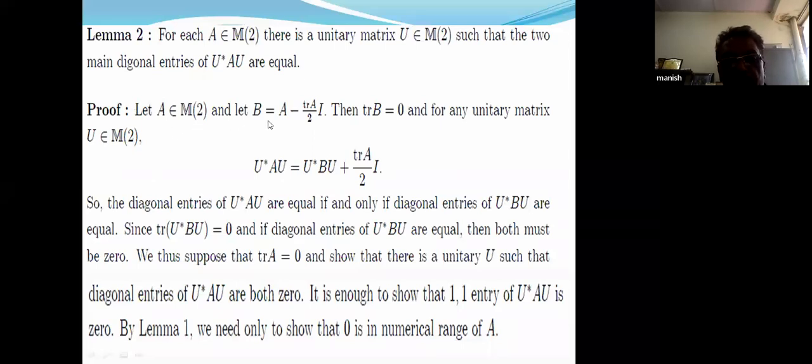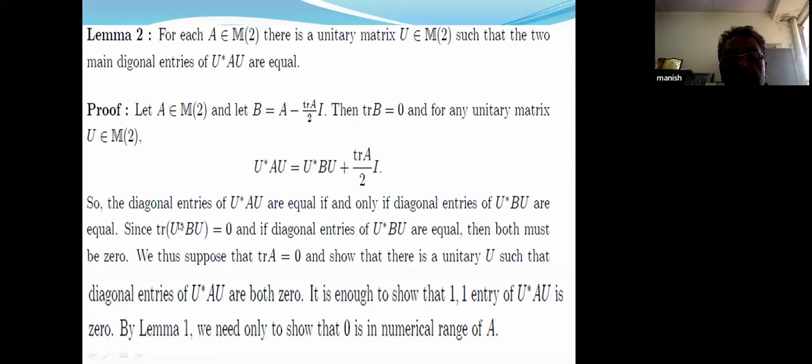Let A belong to M2 and let B be the matrix A minus trace A by 2 I. Then trace B is equal to 0. And for any unitary matrix, U star AU is equal to U star BU plus trace A by 2 I. So the diagonal entries of U star AU are equal if and only if the diagonal entries of U star BU are equal.